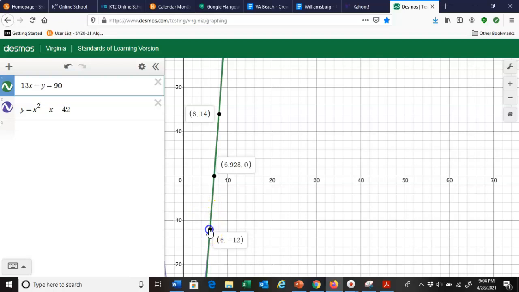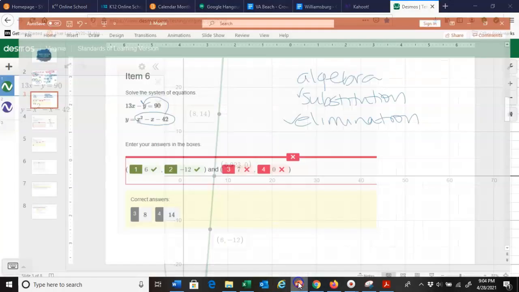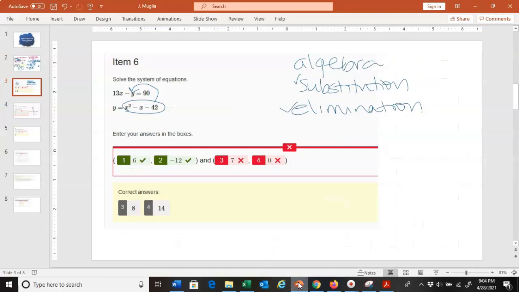So that's going to be negative 6, negative 12, and 8, 14. So let's see, what did you put? Oh, I see. So you accidentally included the x-intercept instead of the other intersection point. So just be careful about that.